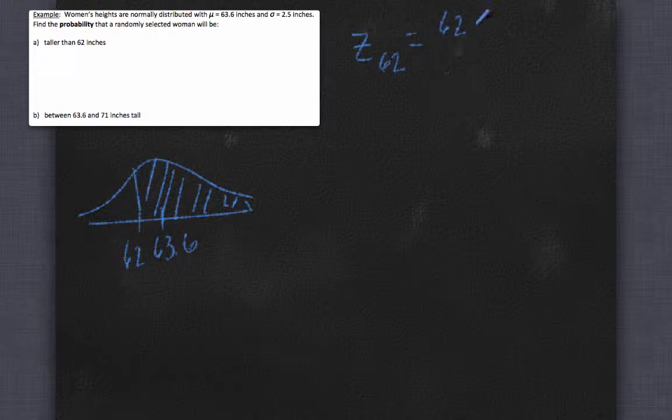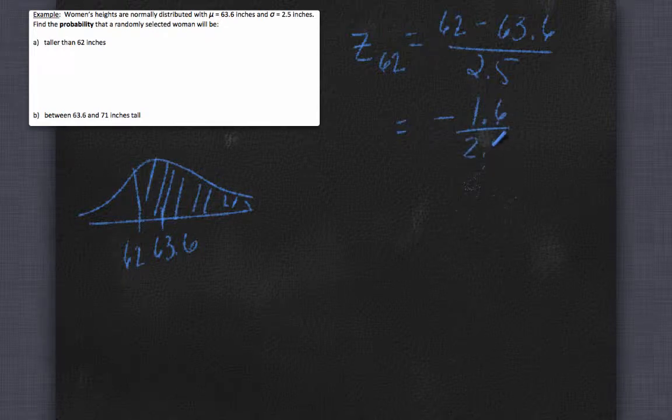So 62 minus 63.6. By the way, this formula is on the chart. So that's minus 1.6 over 2.5 is minus 0.64. So that's their z-score.